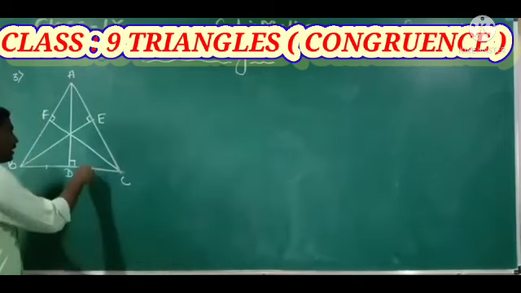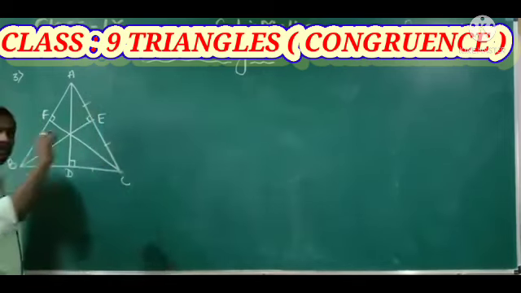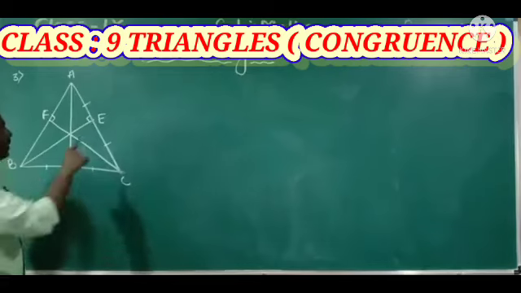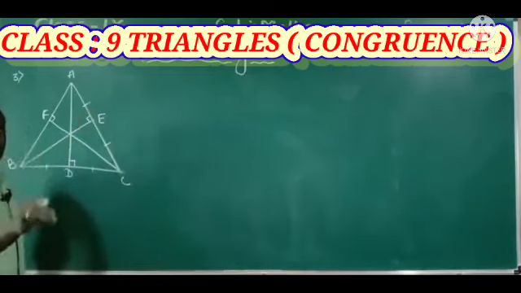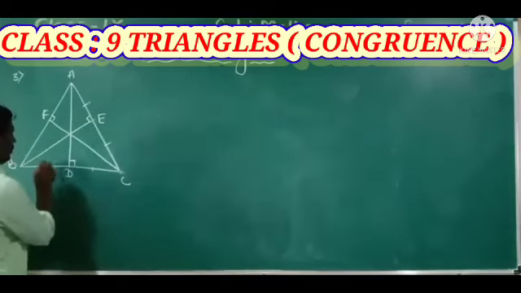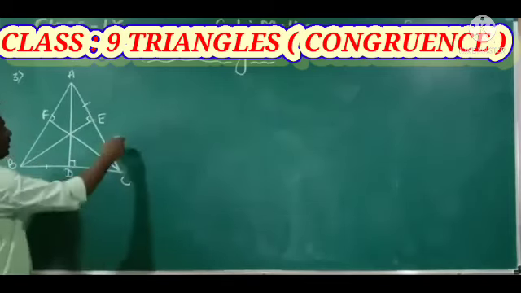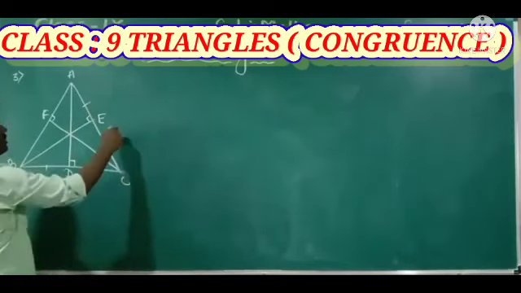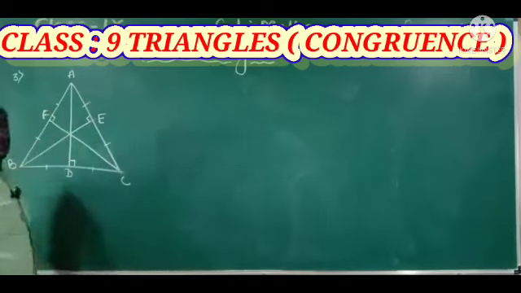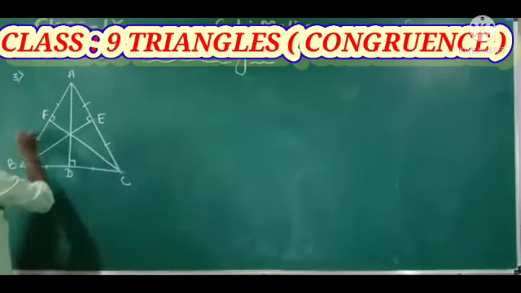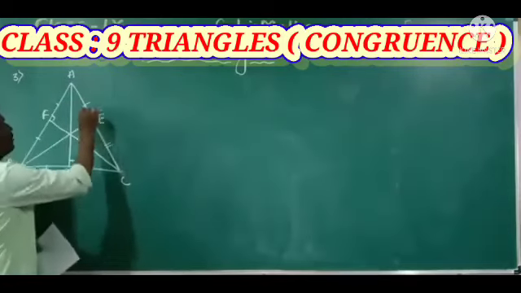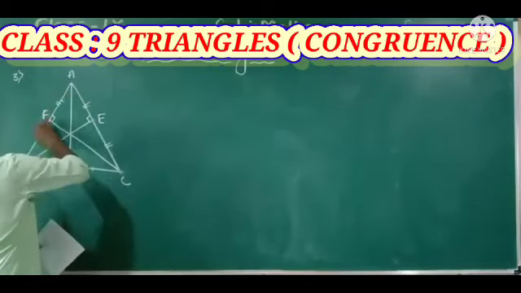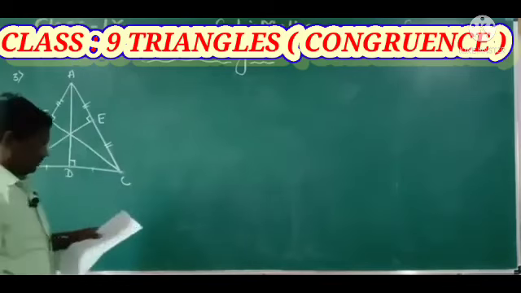Bisector means it will divide the line segment at the point where it is intersected into two equal parts. In this one, AF is equal to FB, right? So it will divide the line segment into two equal parts.